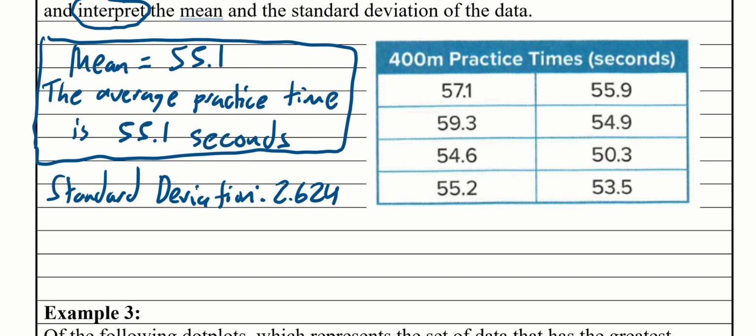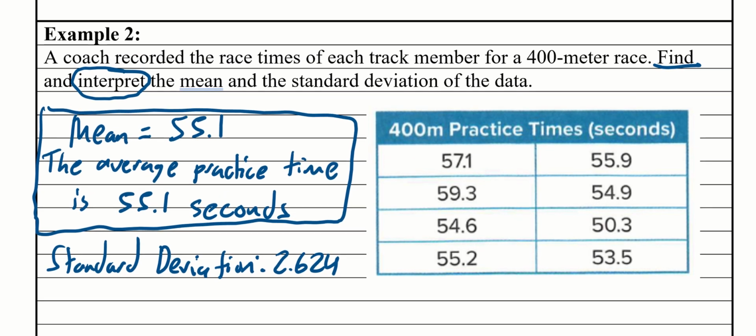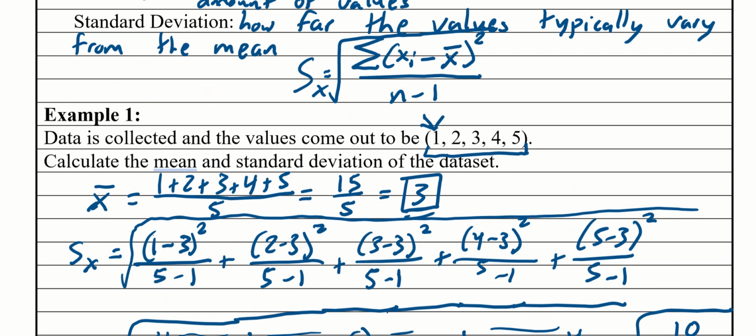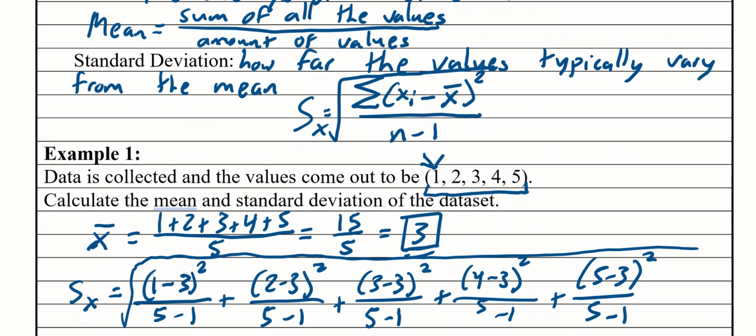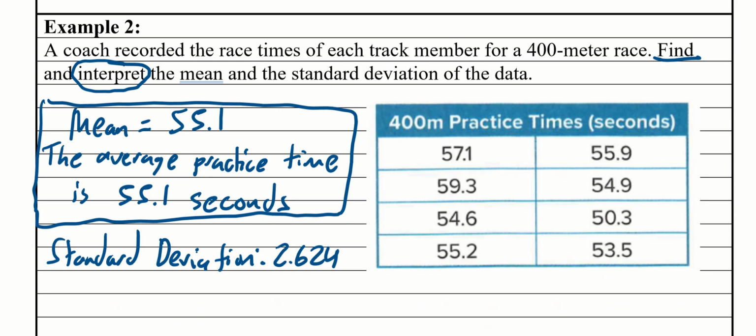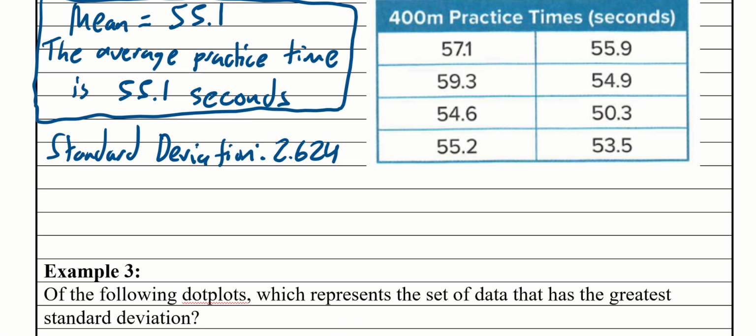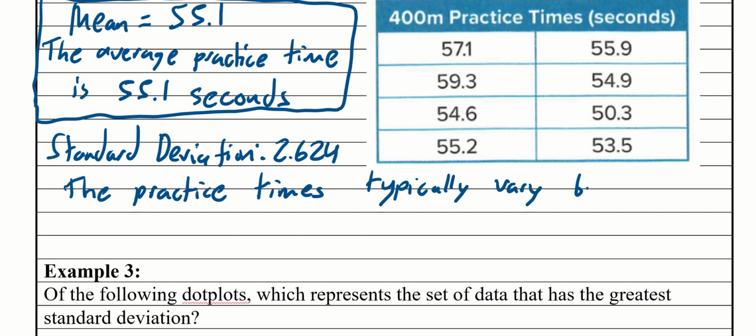And then standard deviation, if I want to explain what that is telling me, I can go back to the definition of standard deviation. The definition says these are how far the values typically vary from the mean. So I would pretty much use that exact phrasing. I would say the values, so in this case the practice times, typically vary by whatever my standard deviation is, which is 2.624.